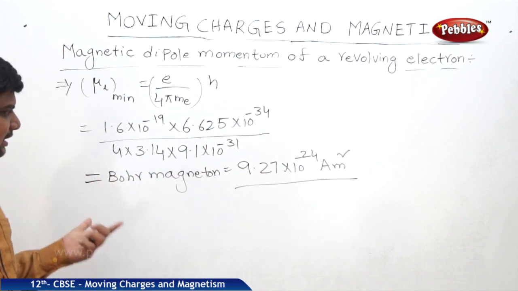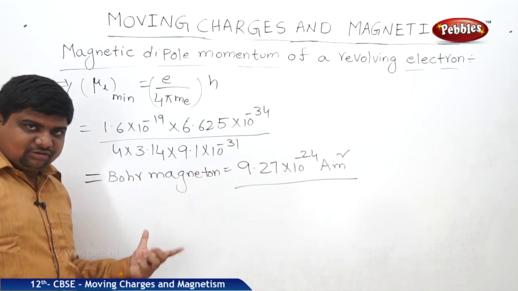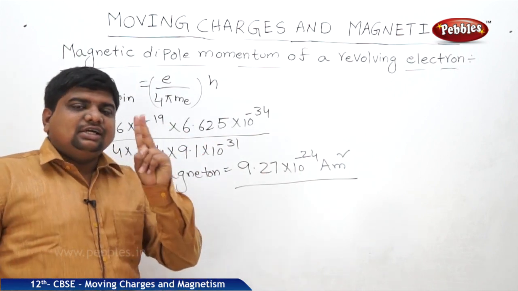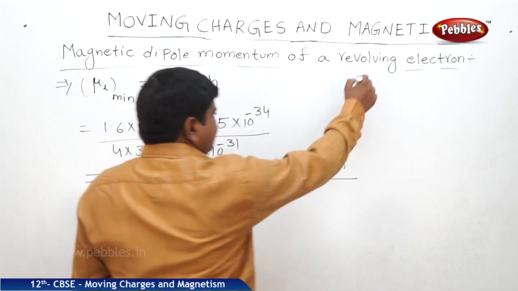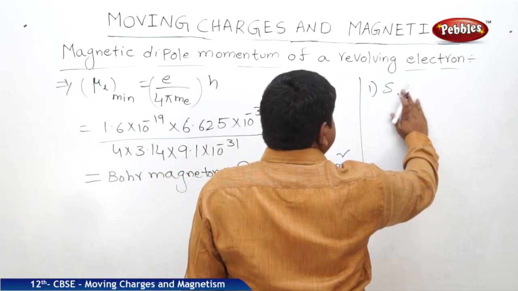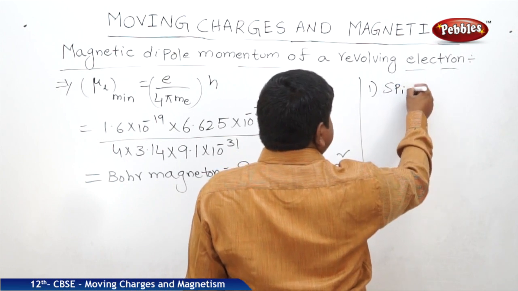So what is the basic introduction for this concept? Any charge which is revolving around the nucleus has two types of momentum. First one is spin angular momentum.